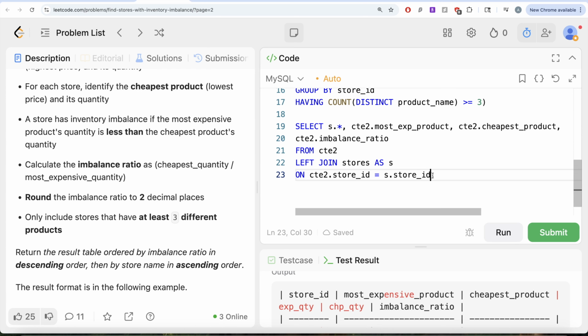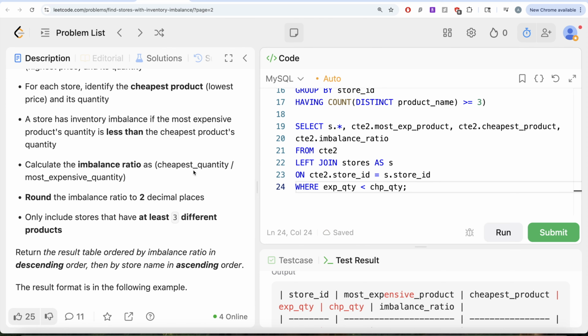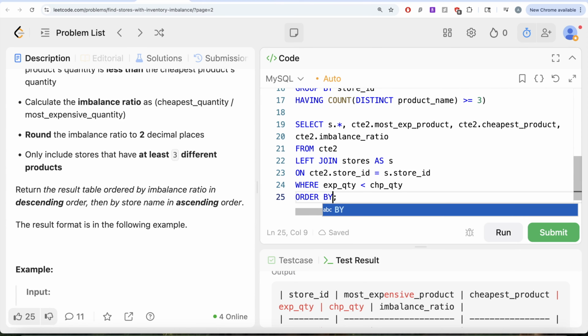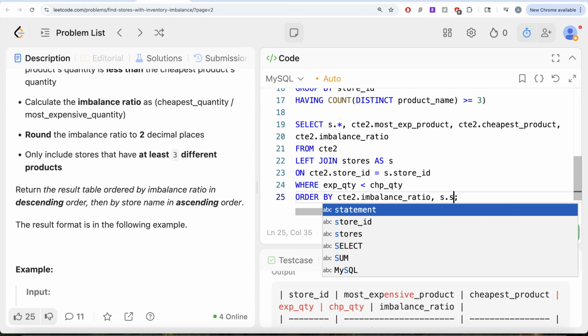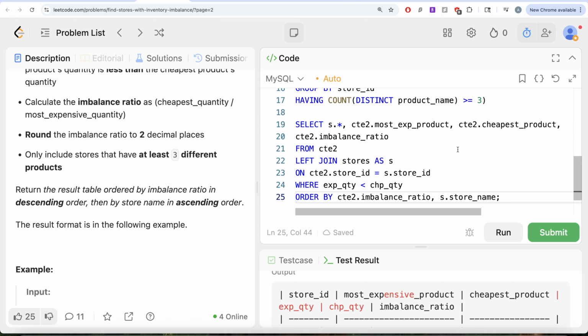So, where your expensive quantity is less than the cheap quantity. Finally, we need to order by cte2.imbalance_ratio, and then s.store_name in ascending order. I think this looks good.